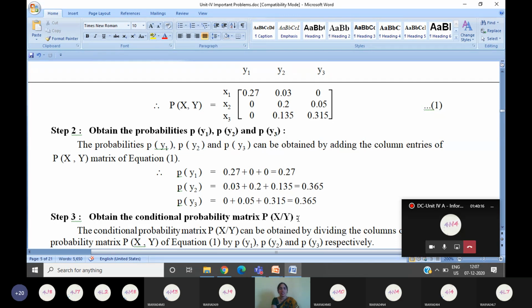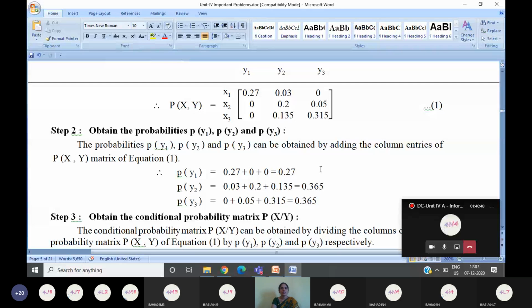So that is 0.365. So finally you obtain the marginal probability P of y consisting of three elements, P of y1, P of y2 and P of y3. What is the matrix size of P of y? 1 by 3 అవ్వాలి general గా. 1 row and 3 columns.